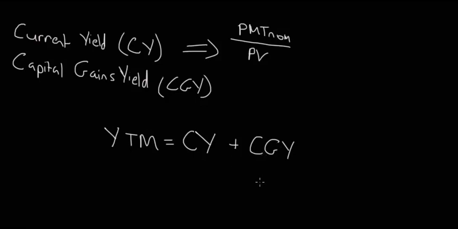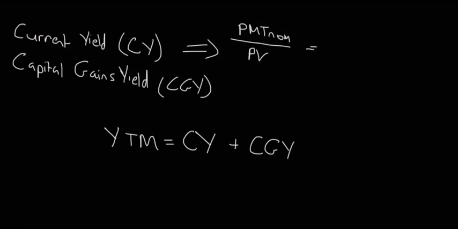But the current yield doesn't take into account that capital gain that will be realised if the bond is held until its maturity, or until it's called, of course. However, it does provide some information regarding the amount of cash income that will be generated in a given year, but it doesn't really give an accurate measure of the total expected return. So all you'd have to do over here is take the PMT nom and divide it by the present value.